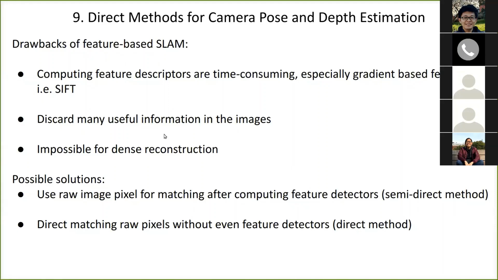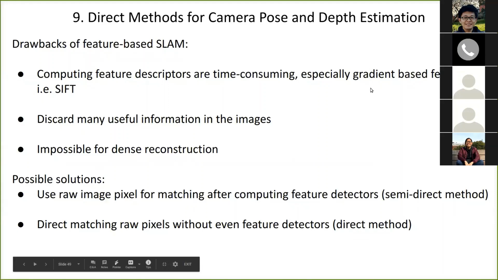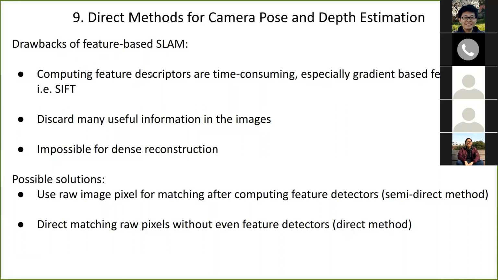So one of the possible solutions is that we can use the raw image pixels for matching after computing the feature detector. This is called semi-direct methods. So this will solve the problem of computing the descriptor and also save some time for feature matching.